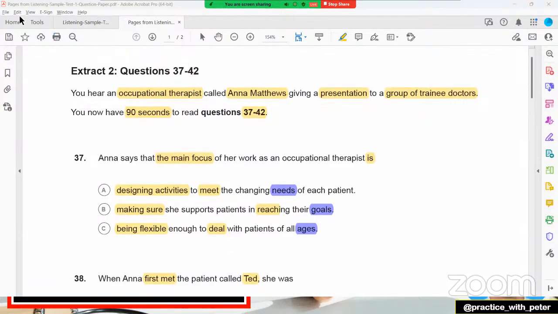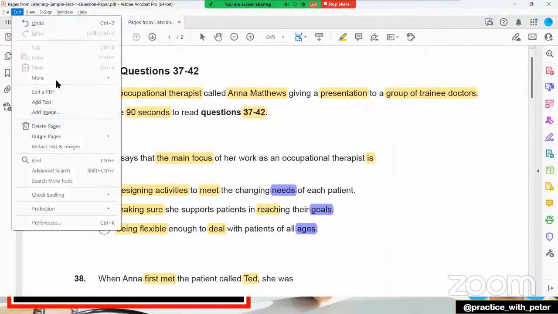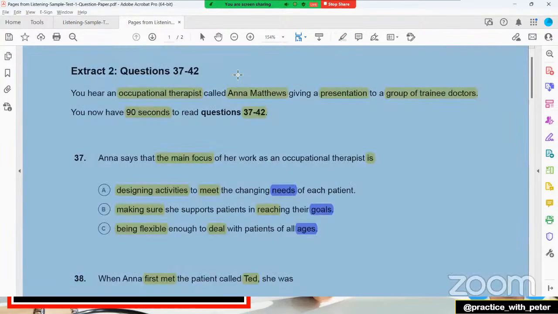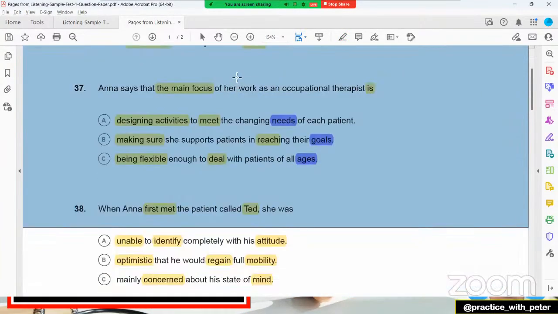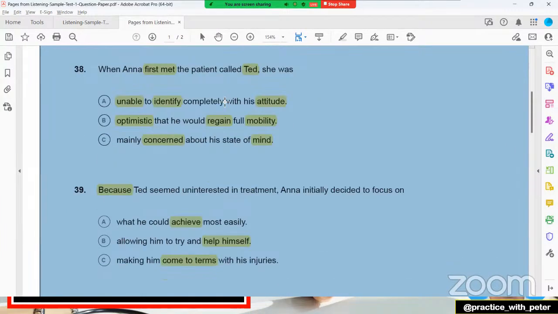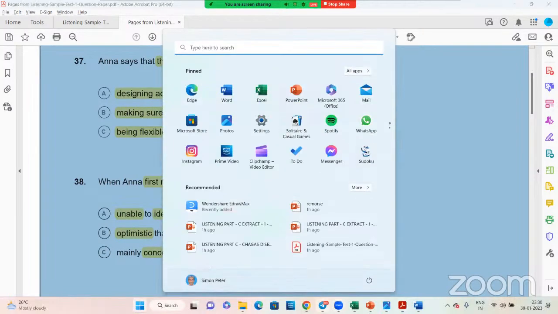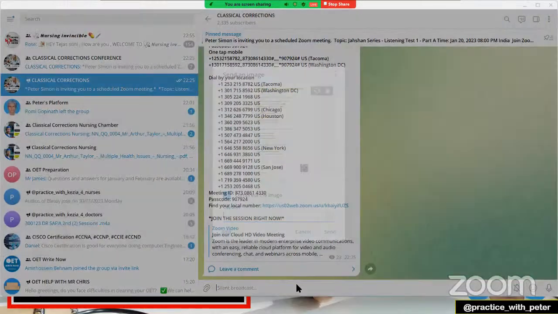Edit. More. Take a snapshot. Select all. Copy selected. For your sake, I am putting all this here.